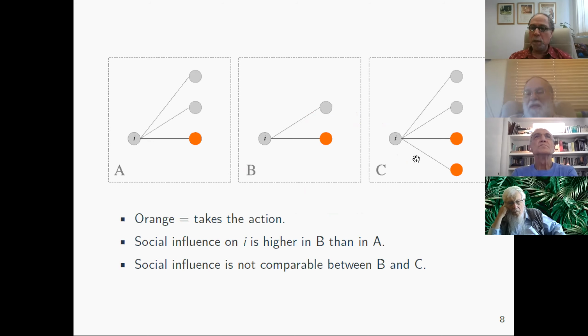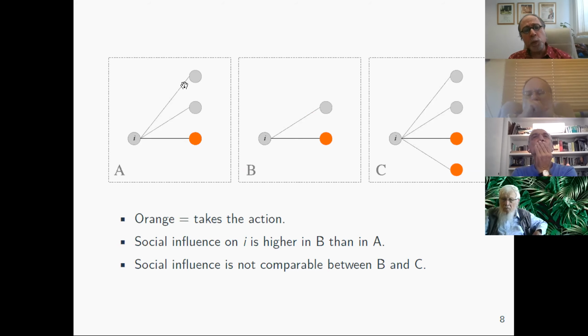FDI could be 1 over DI. I will give this special averaging example in a minute. It's a good example to keep in mind. Average action of your friends. Yes.